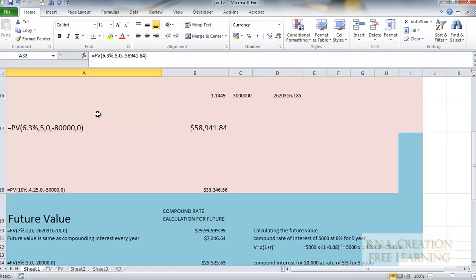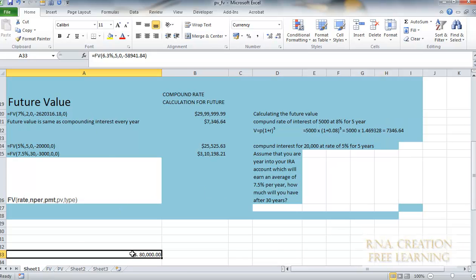Now, why do you want the future value of this money? The future value is used in case you want to find out what you would be getting if you deposit a certain amount of money at a certain percentage for a certain period of years, what you will get after that.